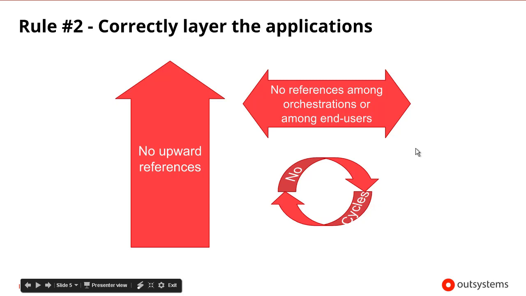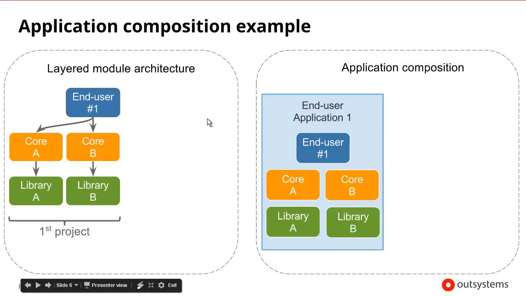So we're trying to do the same thing where the applications have now been placed in the correct layer of the canvas, and we're applying the exact same rules. It's probably easier if we look at a quick example that might demonstrate how these principles can apply to applications as well. So let's imagine that we have a project and we've built a number of modules to provide certain functionality to end users.